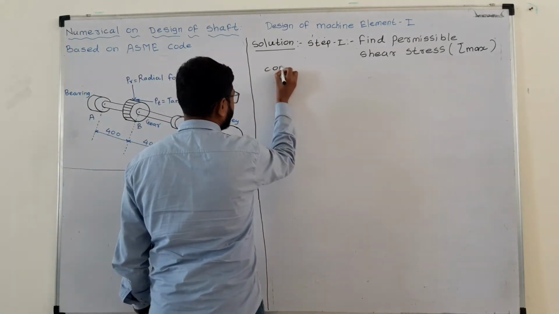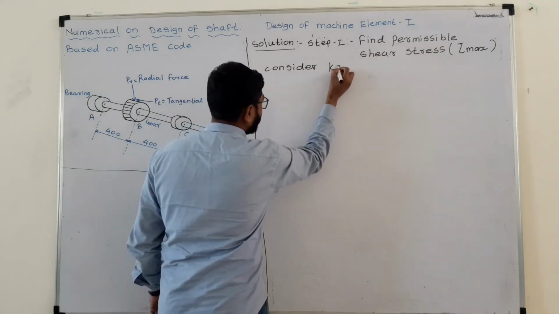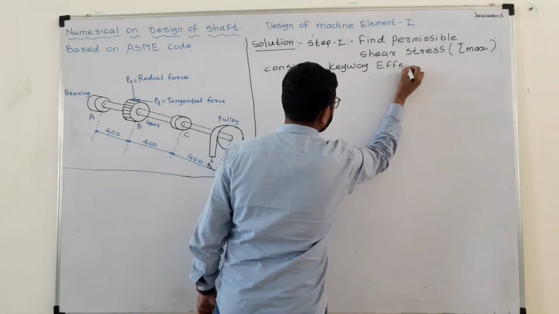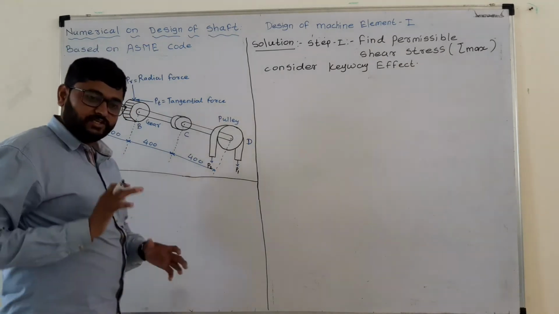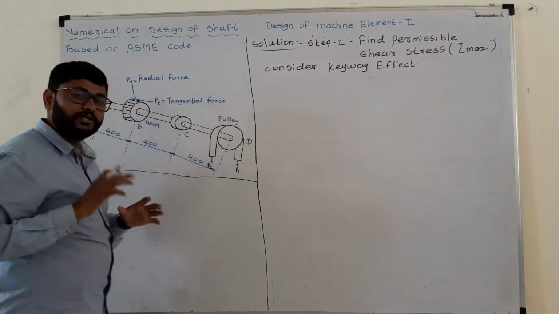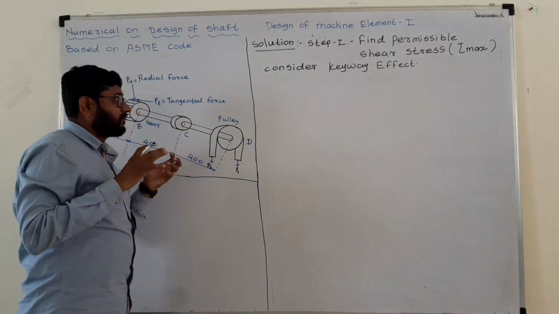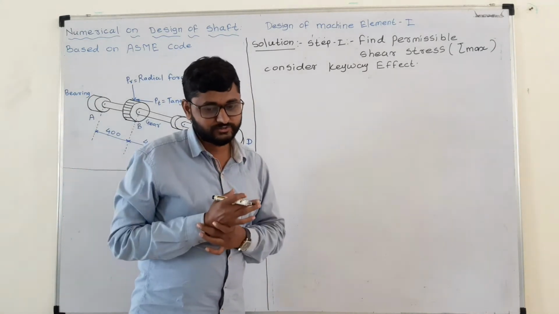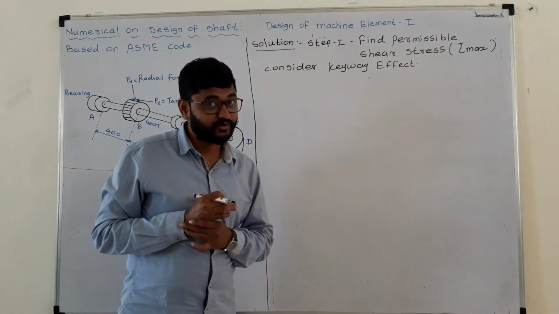So consider keyway effect, because it is given that the mountings, shaft and bearings, are keyed to the shaft. Considering keyway effect means we have to reduce 25% of the values without keyway effect.